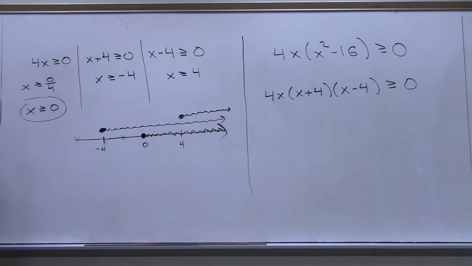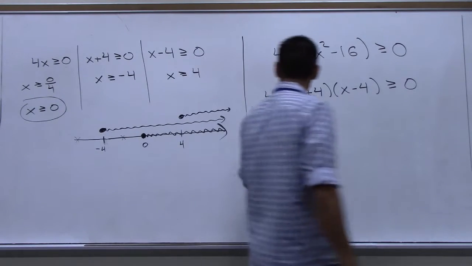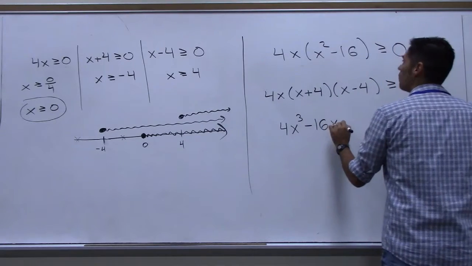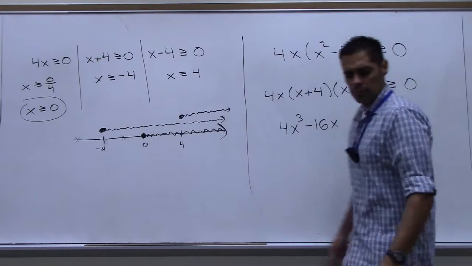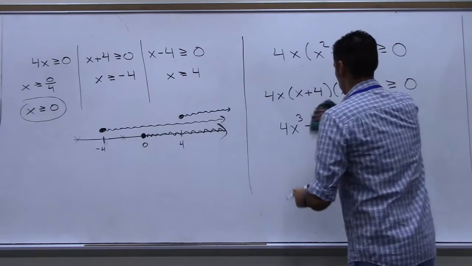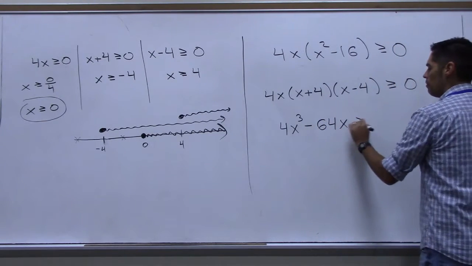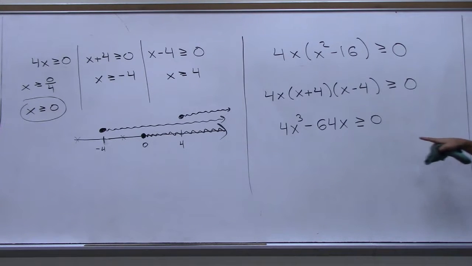Well, let me back up, because this is still kind of a head scratcher. The original problem was this, 64x. When we moved it over, we had this before we factored, right?